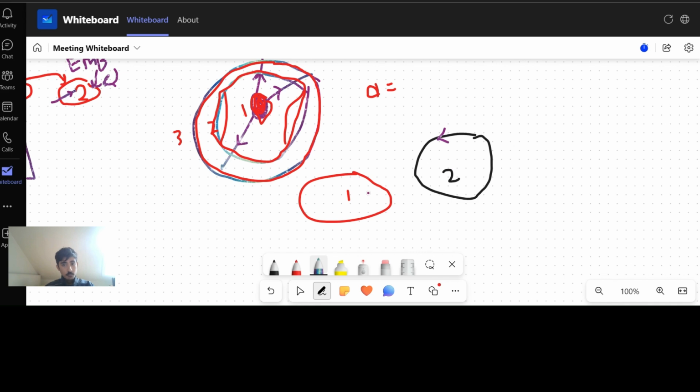Now let us discuss the magnetic flux. The magnetic field change in one is the same as the magnetic field change in two. Then the magnetic flux change in one is the same as the magnetic flux change in two.